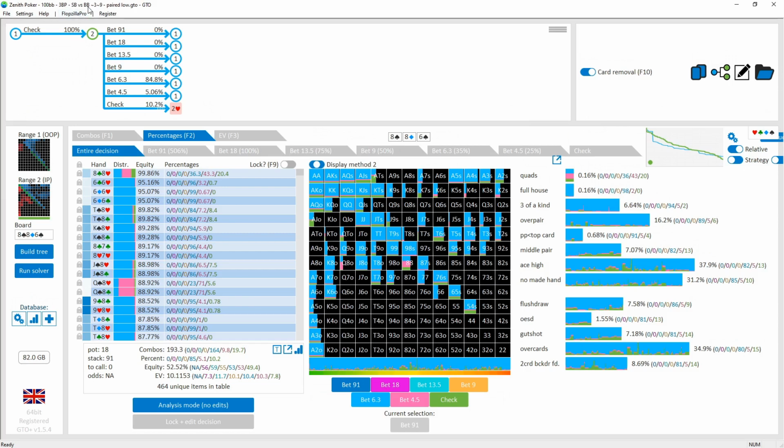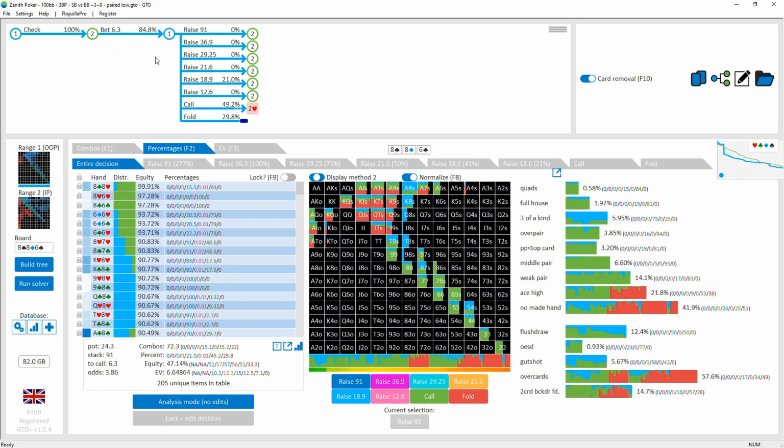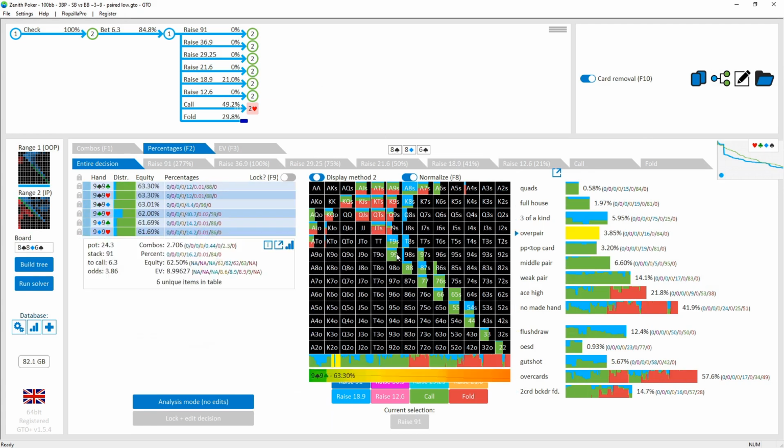And once again, because the small blind has more to defend with, the big blind will want to be betting slightly smaller. So here, 1/3 pot, still betting basically the entire range. The small blind will be folding a lot of that junk and then going for an aggressive raise. So if you have a hand like pocket 9s, there's a little bit more benefit in terms of denying some equity.